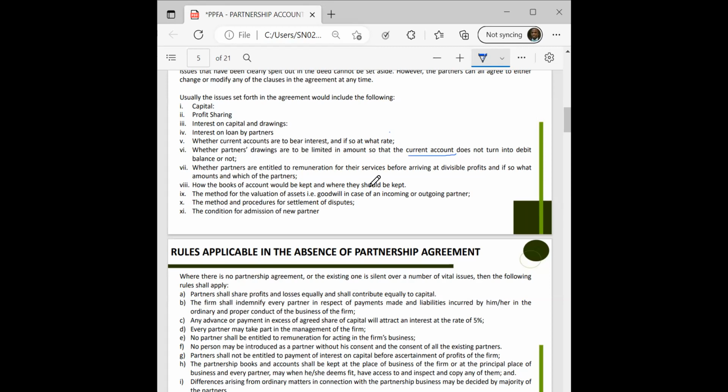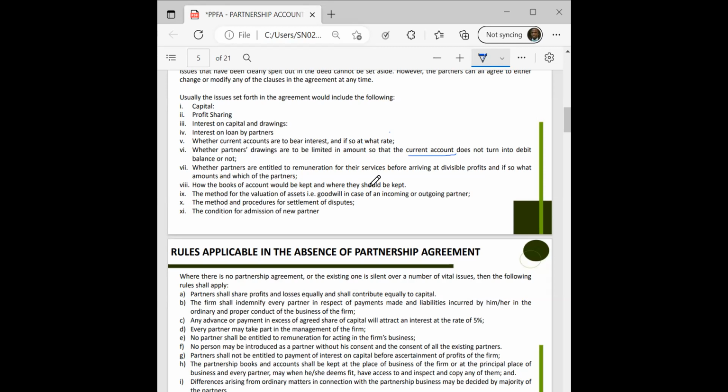If an existing partner exits the business, what is the method that we are going to use for our valuation of our assets? Are we going to use book value, or are we going to revalue the assets to market value so as to get the current net worth of the business? If that's what we want to do, then all these things will be agreed from the get-go.